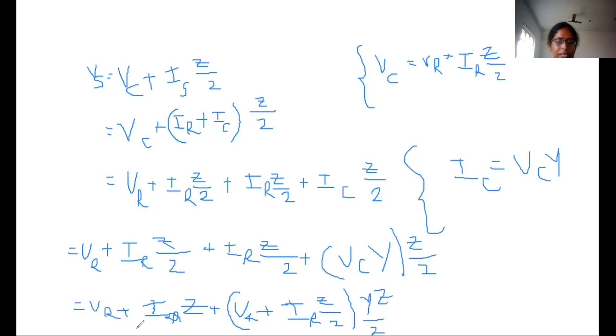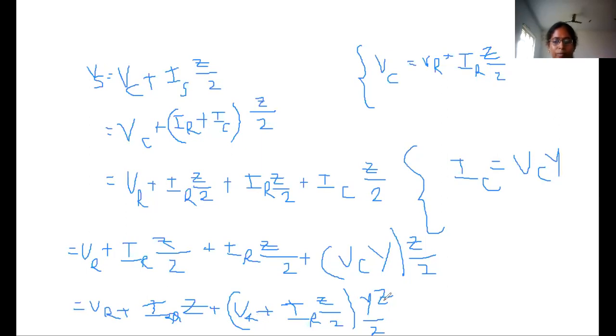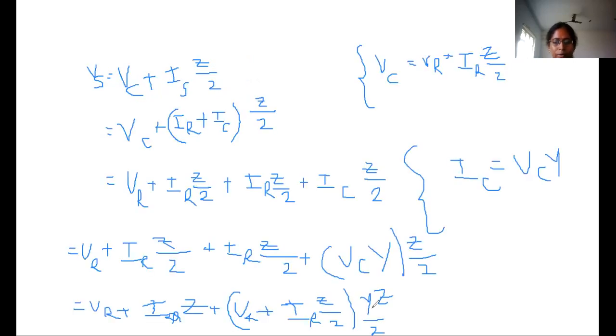Next, we know that Vr plus Ir into Z plus Vr into YZ by 2, plus Vr into YZ by 2, plus Ir into YZ square by 4, plus Ir into YZ square by 4.